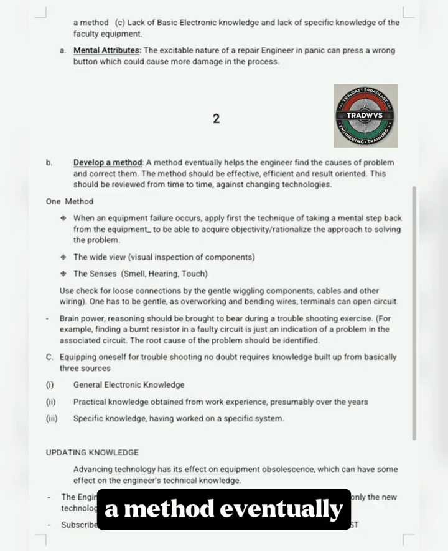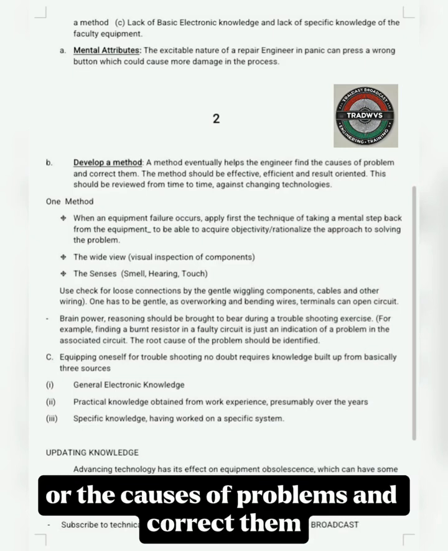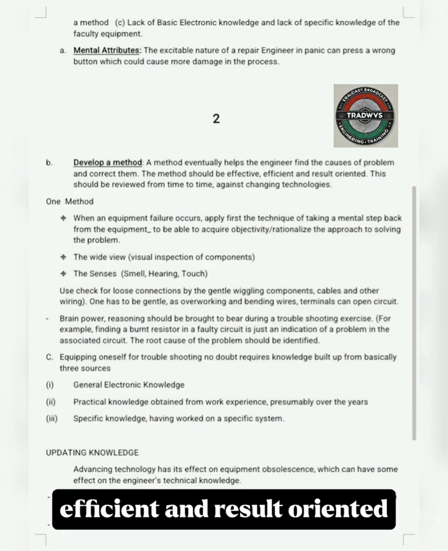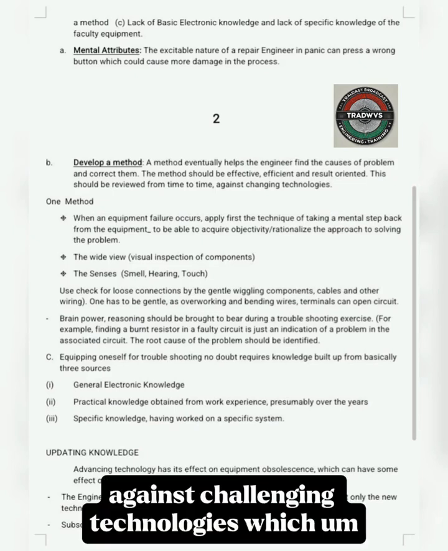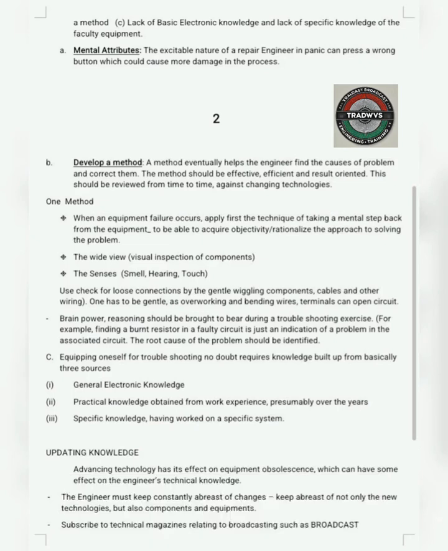A method eventually helps the engineer find the cause or causes of problems and correct them. The method should be effective, efficient, and result-oriented. This should be reviewed from time to time against changing technologies, which could be applicable to the equipment under repair.